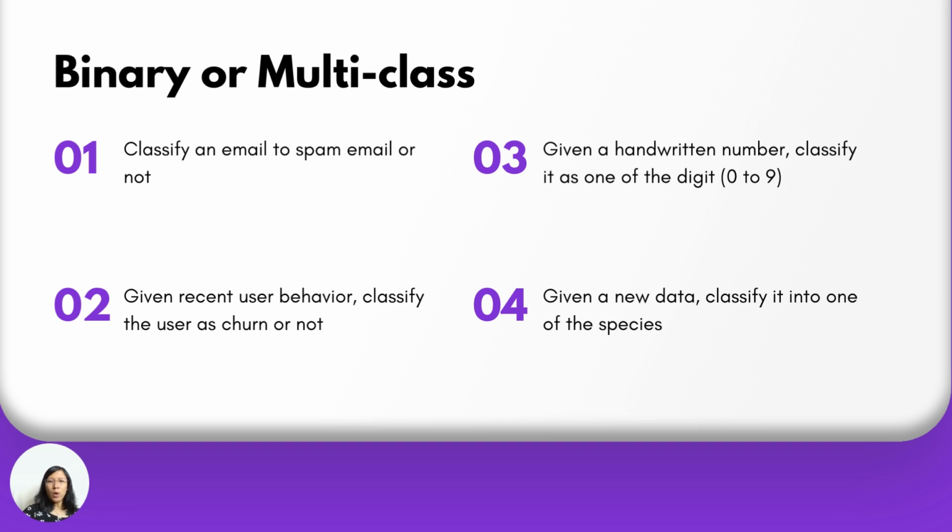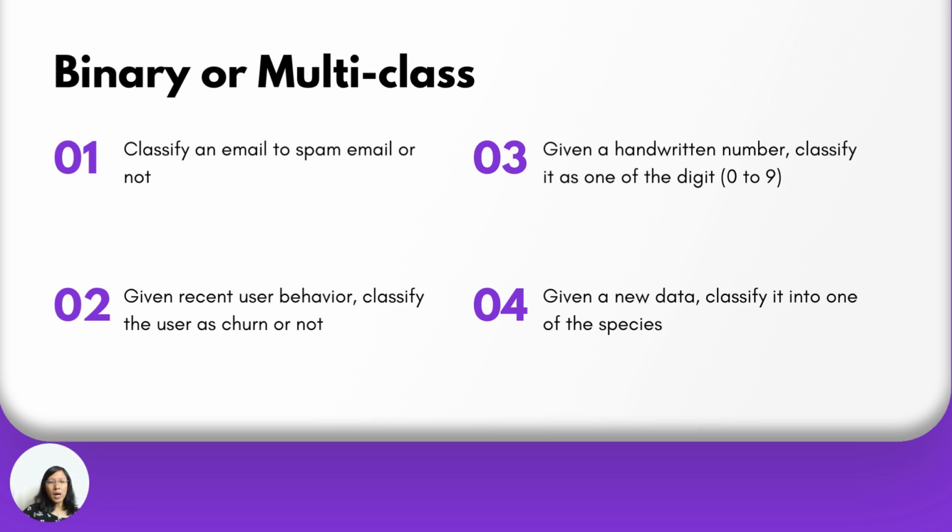But imagine you are given handwritten numbers and you are supposed to classify them into one of the digits 0 to 9. This is a multi-class classification problem because you have more than 2 possible outcomes. In this particular example, you have 10 possible outcomes.